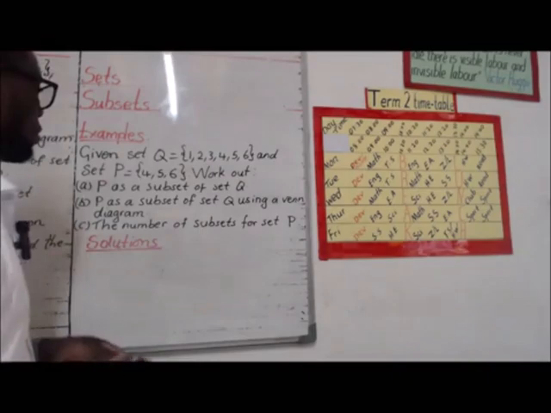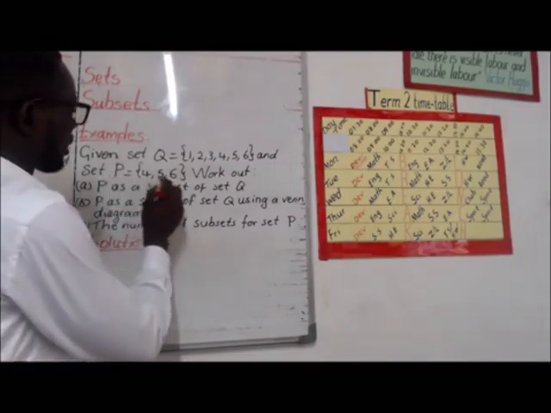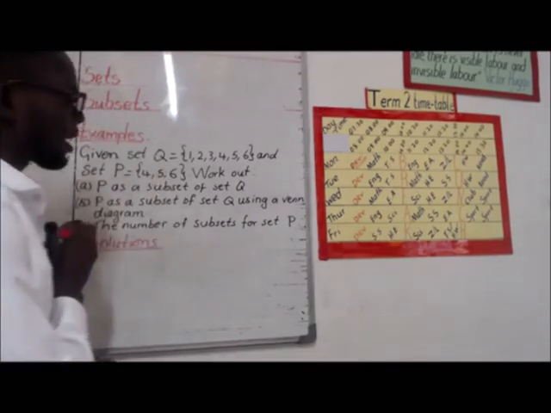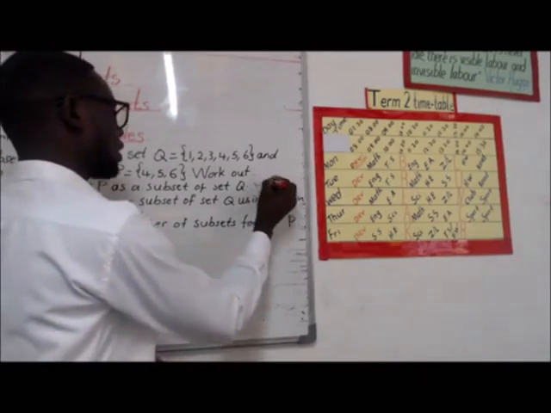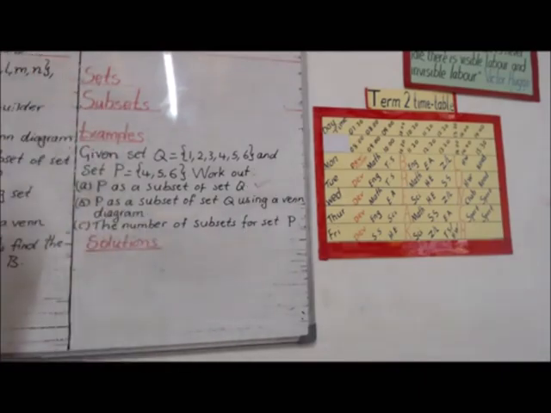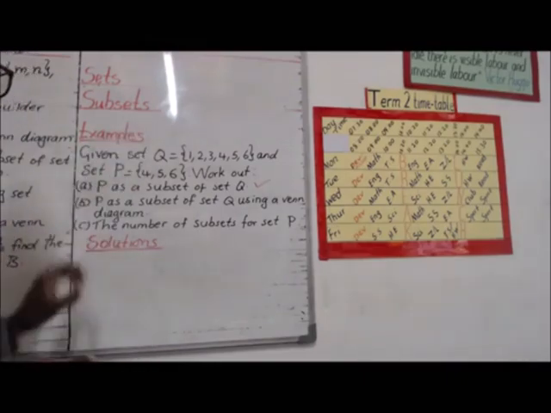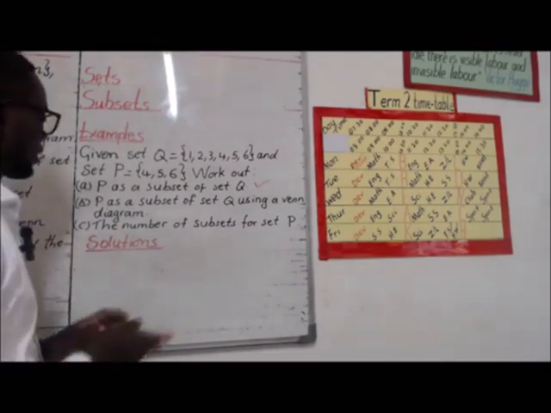Why? Because this is already set P and it's a subset of set Q. So, Mr. Examiner, this is already worked out. There's no need of dealing with it. It's already a subset of set Q. So we go to the second question.